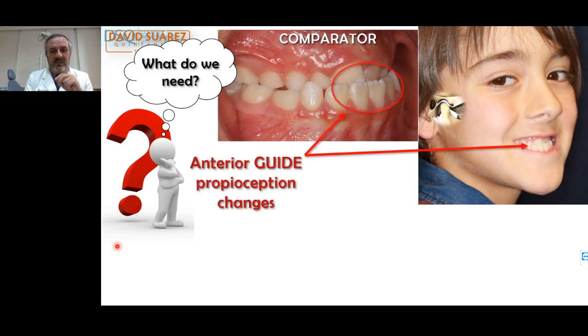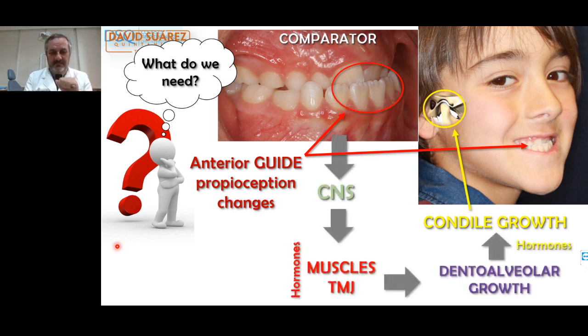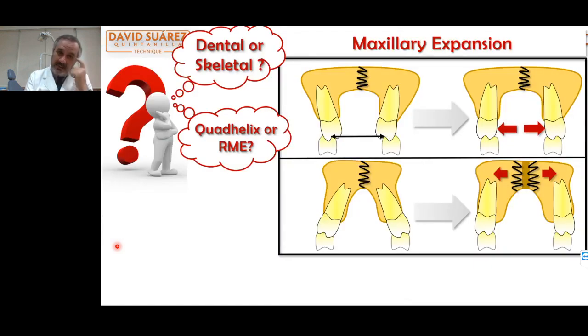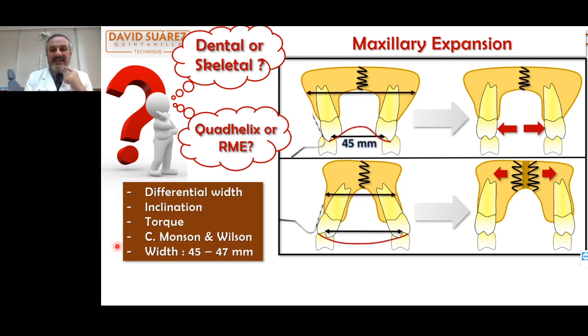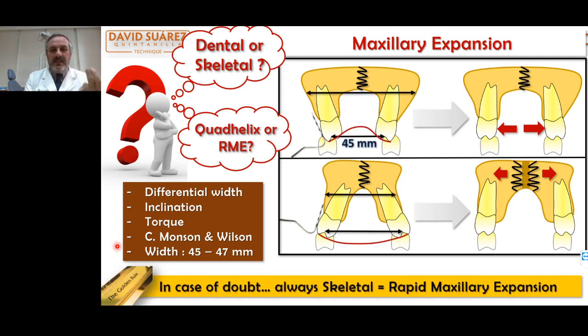Okay, the control of the anterior guide is very important. Very important are the control of the growth, the control of the condyle, the dentoalveolar growth, and dental or skeletal, squamous or rapid maxillary expansion. We analyze the differential width, the inclination, the torque, the curve of Monson and Wilson, and remember, in case of that, always skeletal rapid maxillary expansion.